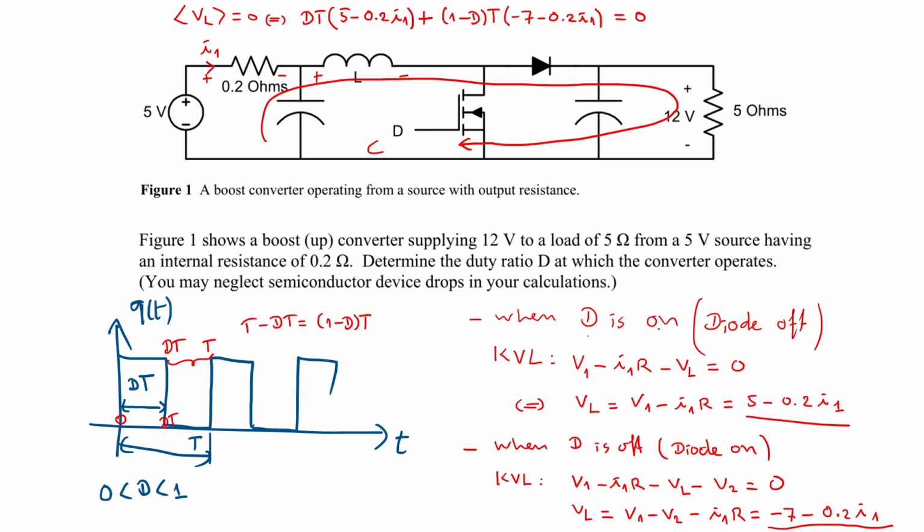Then you do the simplification. I will write it again here, it's better. We have 0 equals DT times 5 minus 0.2 I1, plus 1 minus D times T times minus 7 minus 0.2 I1.